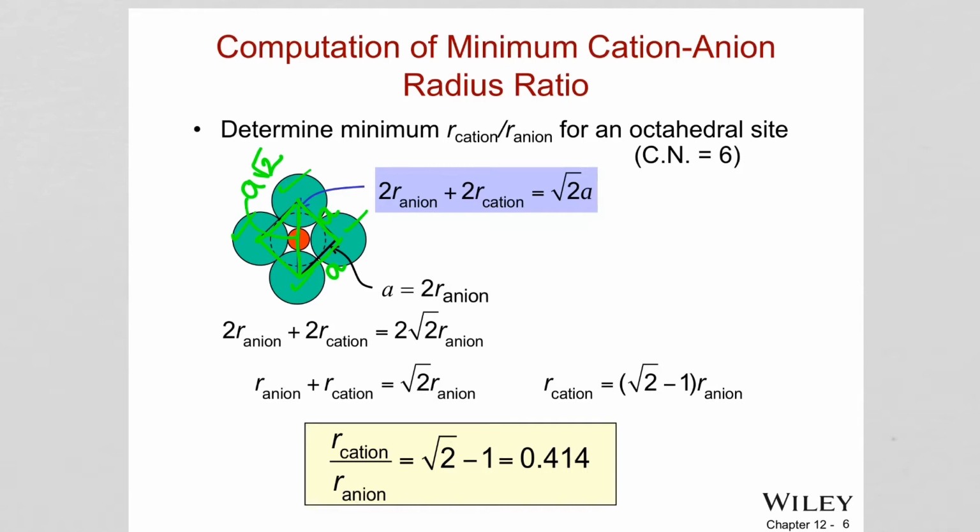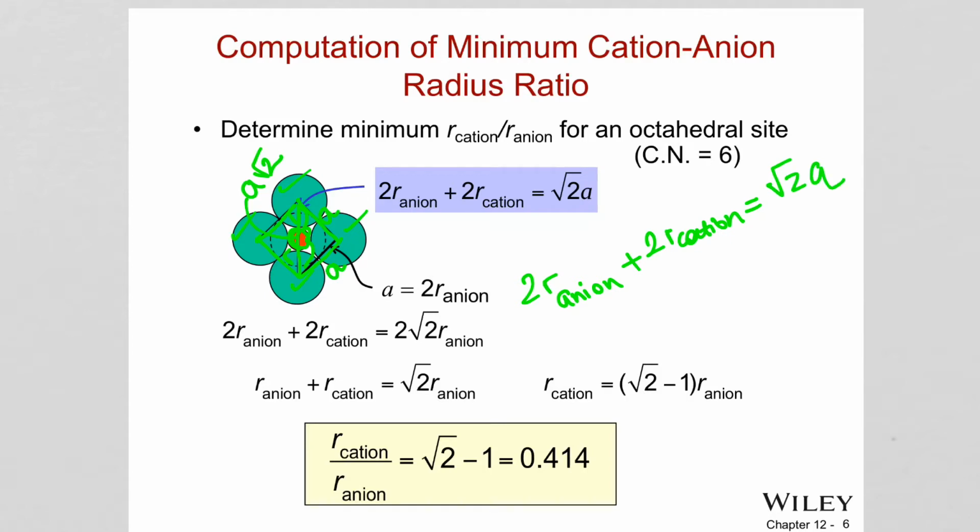The length of this, of course, we know is 2 r anion, and there is the little one that is 2 r cation, right? This is equal to a square root 2.